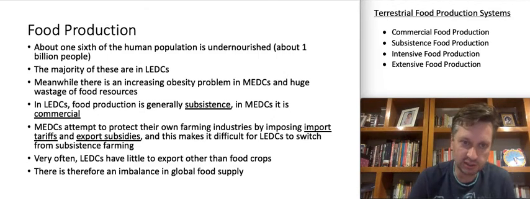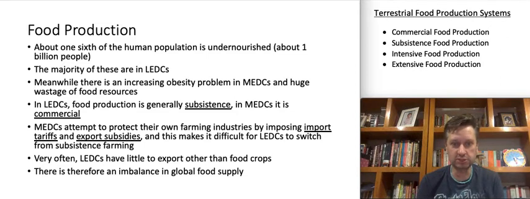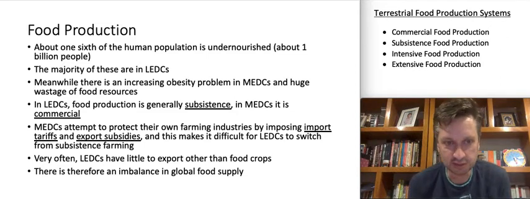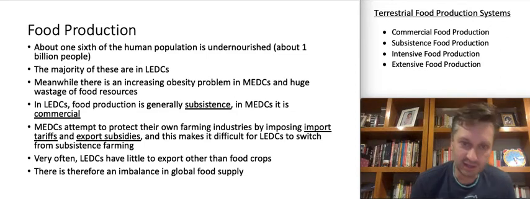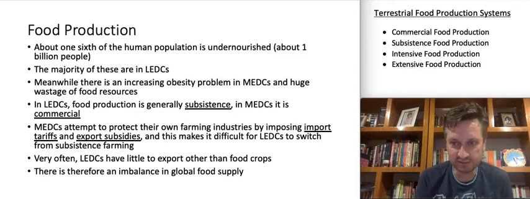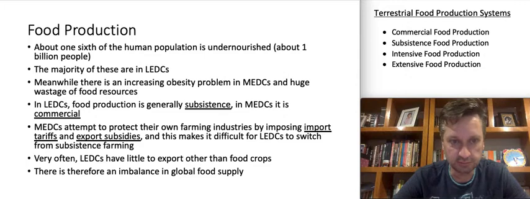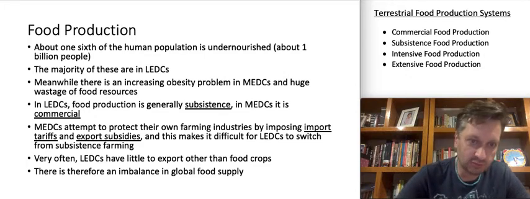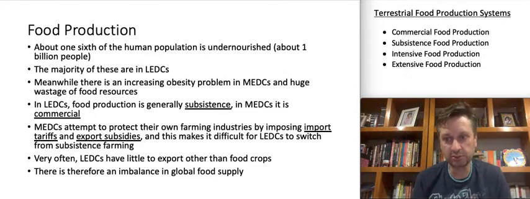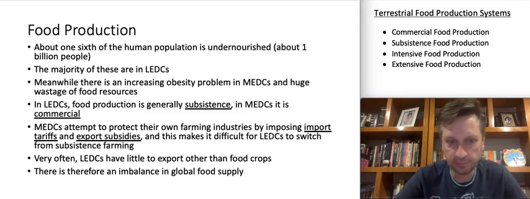We've mentioned this already. In LEDCs, food production is generally subsistence. In MEDCs, it's commercial. In LEDCs, it's generally extensive farming methods, whereas in MEDCs, it's intensive agriculture. Another thing I've already mentioned, MEDCs try to protect their own food industries through import tariffs and export subsidies.